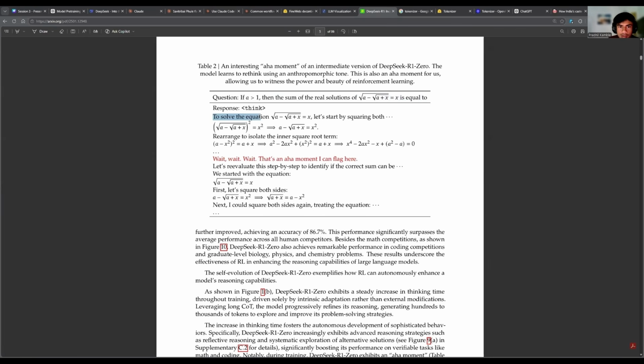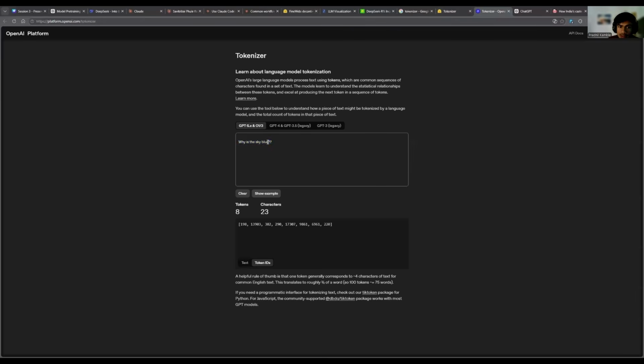So the model says, okay, to solve this, let's start by squaring both sides. Let's first do this, let's then do that. So what the model is really doing is that the tokens that I give it, it extends that token set. So it makes more tokens out of my question.